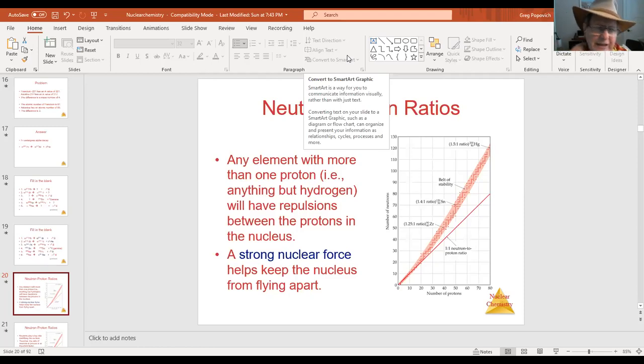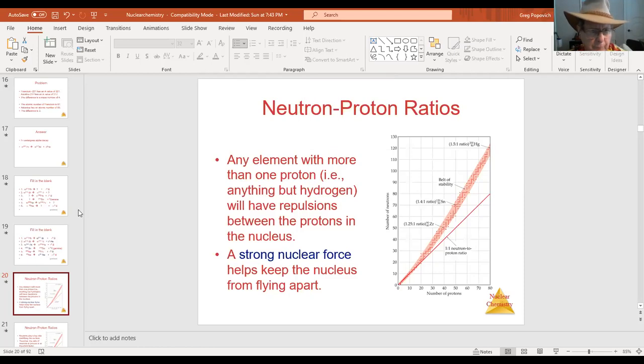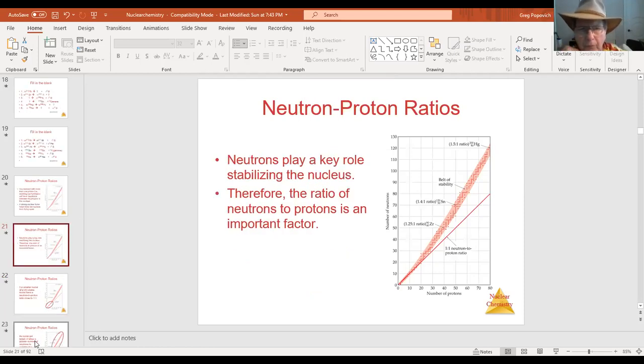The other thing is we need neutrons. If we just had protons in there, there wouldn't be enough mass lost to keep the protons together. We couldn't have enough energy to keep those protons together, so we have to separate them by adding neutrons. Therefore, there's going to be a ratio of neutrons to protons, and we need a very specific ratio in order to keep the nucleus together.